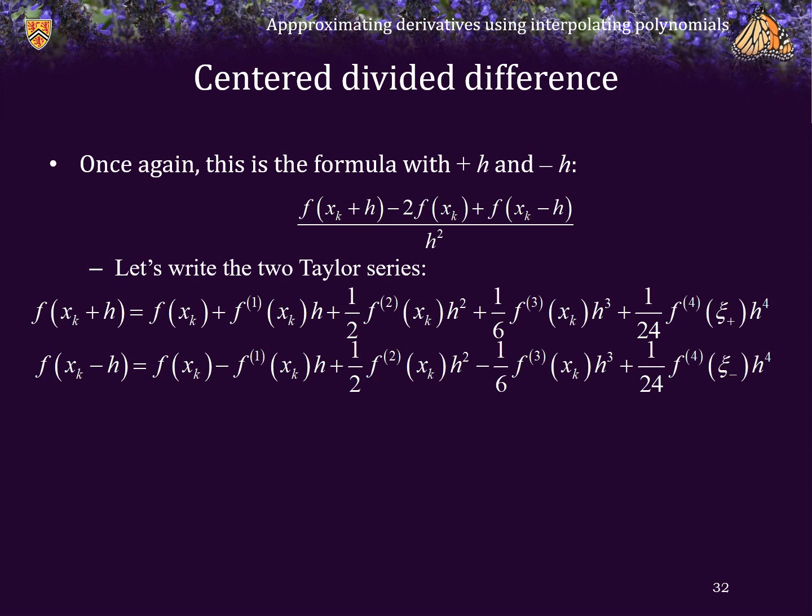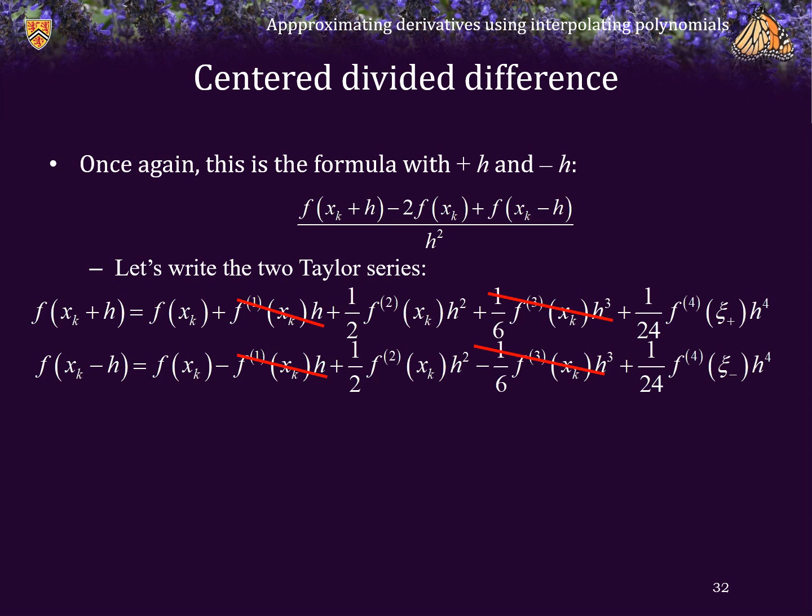So the left-hand sides get added, the f at x sub k's get added, so it's twice f at x sub k. The derivatives cancel each other out. The second derivatives add up to give the second derivative times h squared.